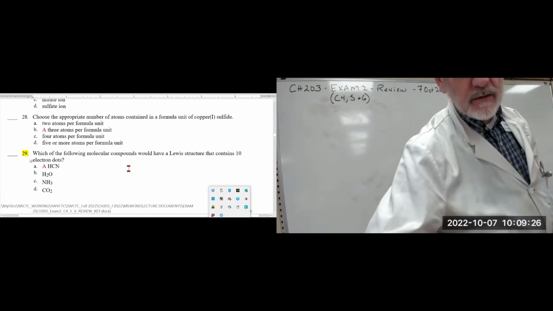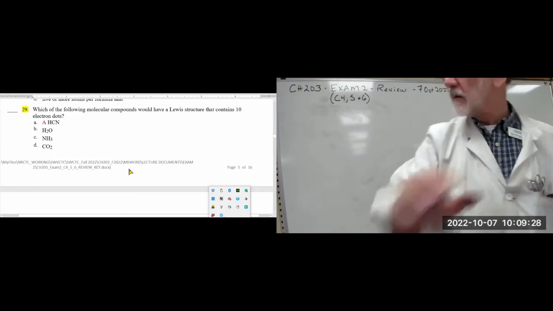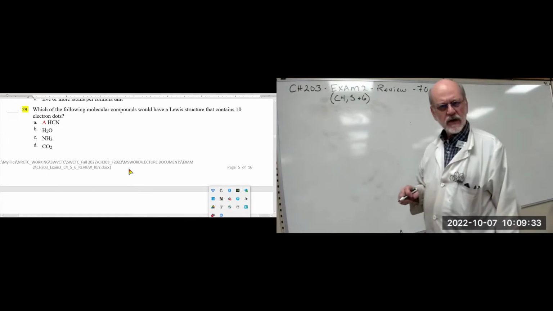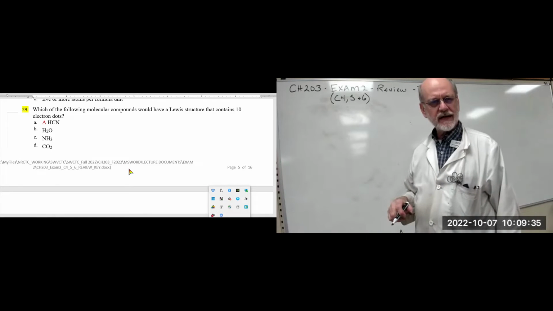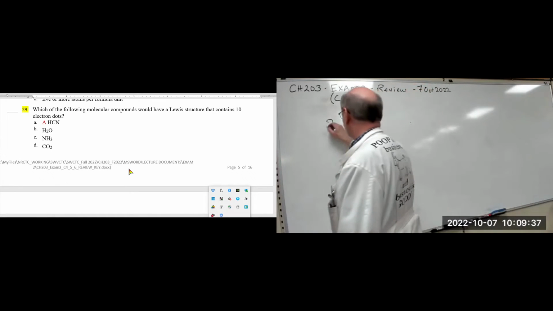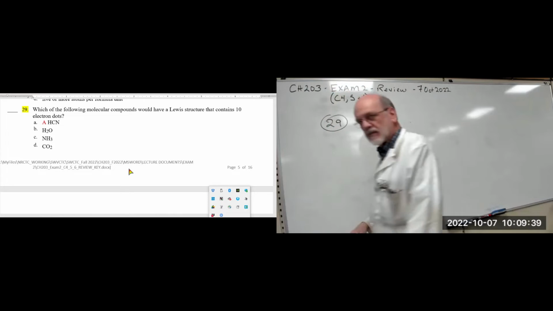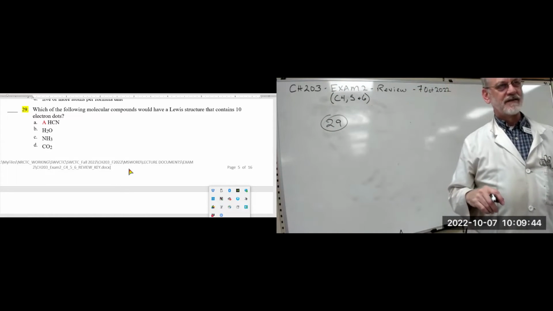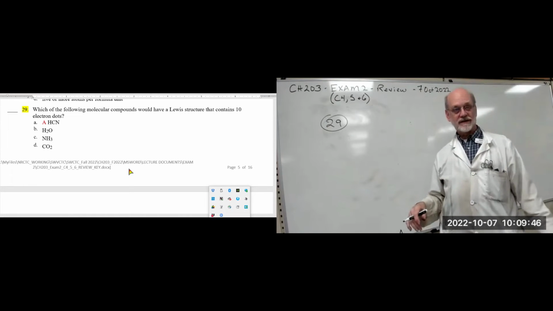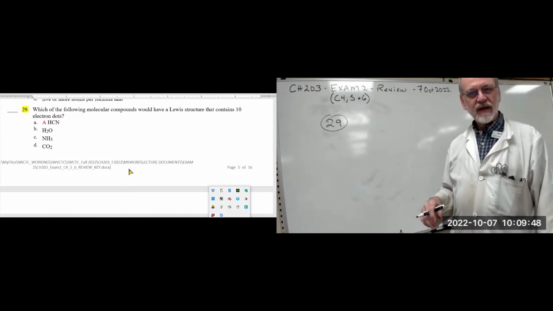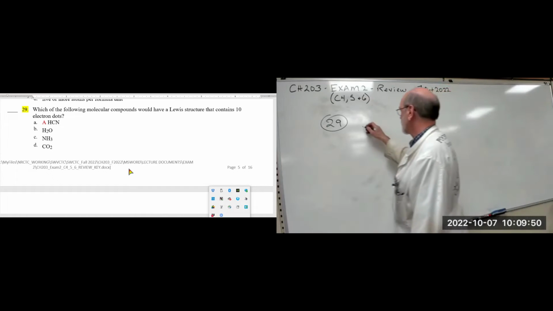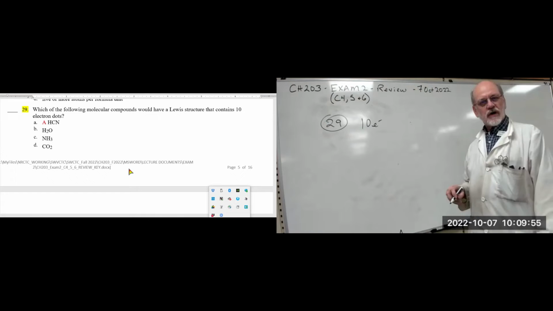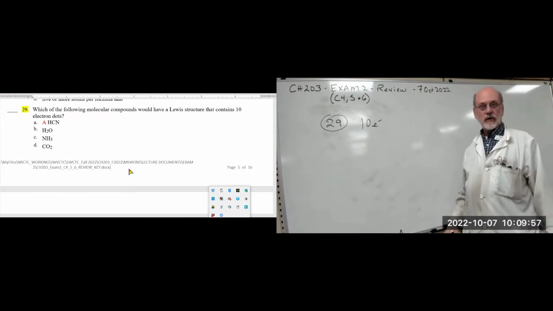29. Which of the following molecular compounds would have a Lewis structure that contains 10 electron dots? All right, so everybody remember how to draw a Lewis structure? Probably faded. If you haven't been doing it, it fades. 10 electron dots. Okay, so Lewis structure. I just start at the top.